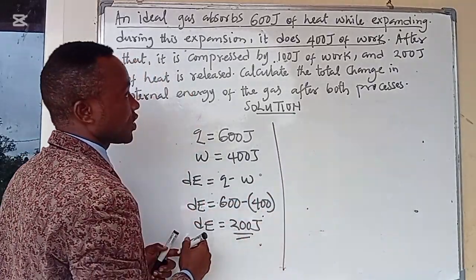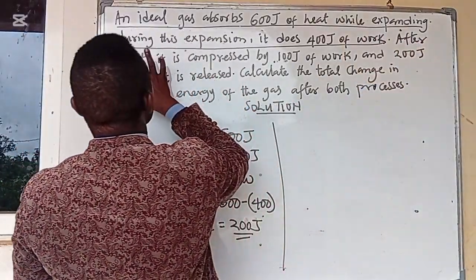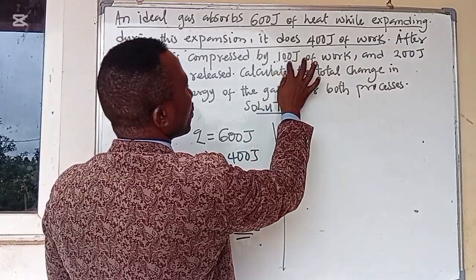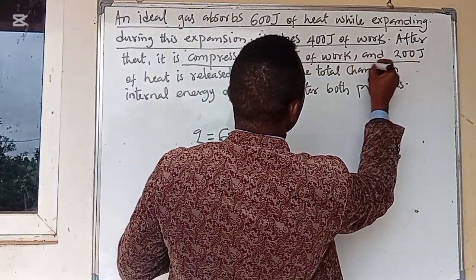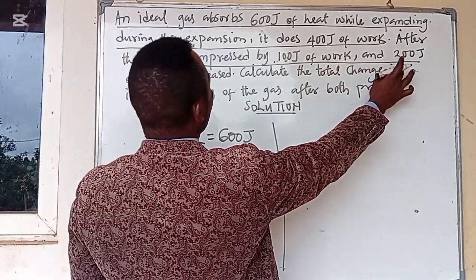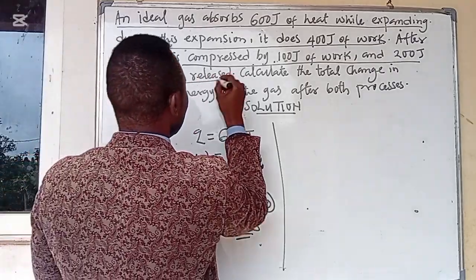Now let us come to the second process. The second process says after that it is compressed by 100 joules of work and 200 joules of heat was released.